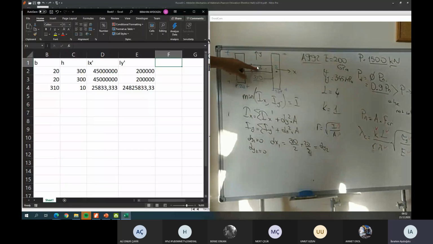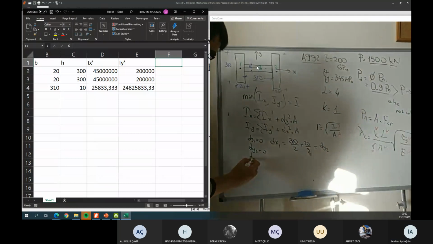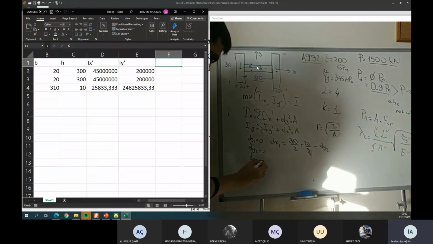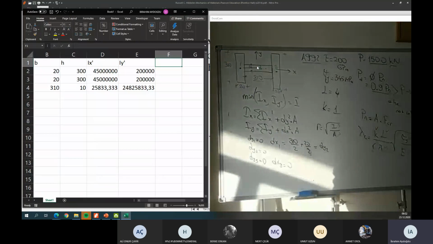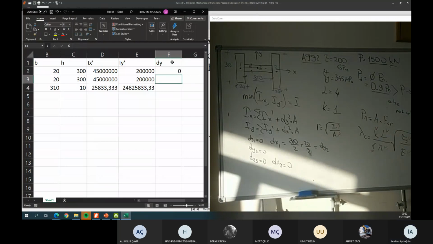Okay. So for this one, you can see. Also, the centroid of the third piece is here. Also, the system centroid is in the same location. Therefore, dy3 is equal to 0. dx3 is equal to 0. Okay. So I already computed all values of dx and dy. First of all, I want to write the y values. dy is 0 for the first part, 0 for the second part, 0 for the third part.